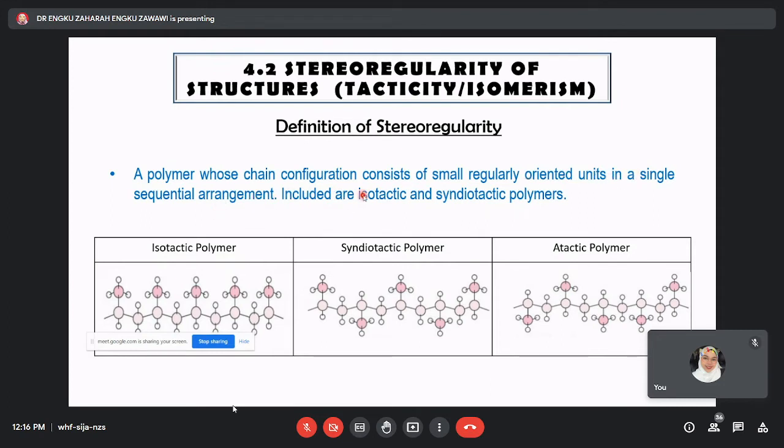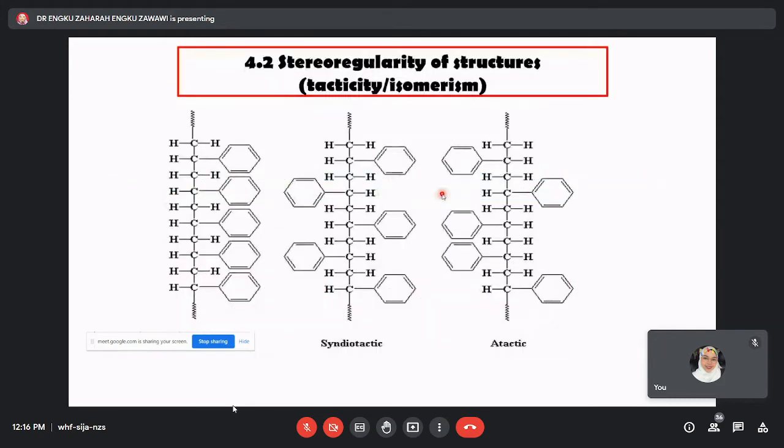So termasuklah isotactic and syndiotactic polymer. So we have already tengok sebelum ni, for example in the structure of polystyrene. So the different arrangement of this tacticity produced ni akan influence dia punya properties of the polymer itself. Okay.